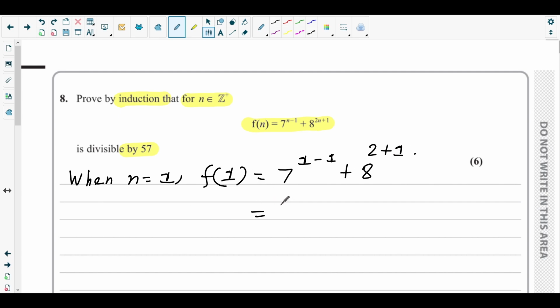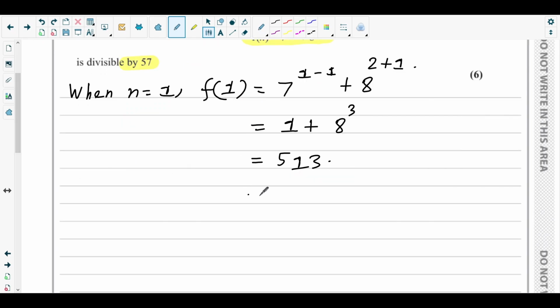So that would give you 7 to the power 0, which is basically 1, plus 8 cubed. 8 cubed is 512, plus 1, it is 513. So basically 513 can be written as 57 times 9.